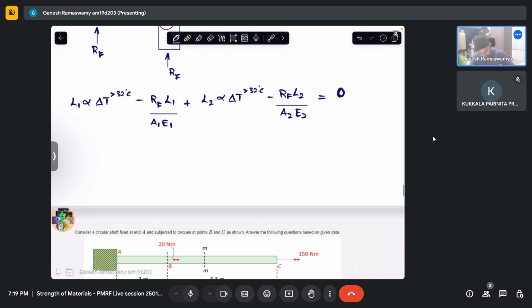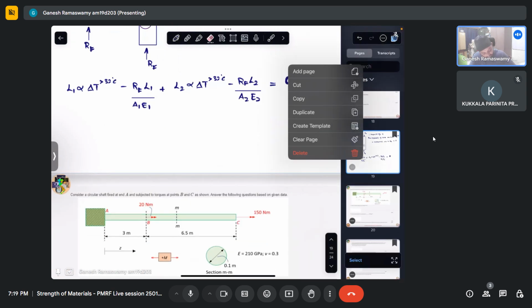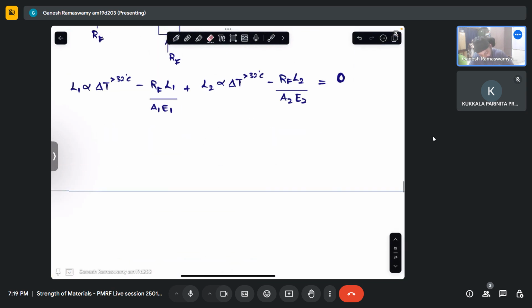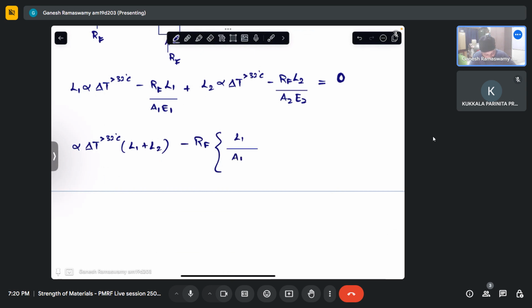So let us see what this value will come out to be. If I were to take this common, alpha delta T into (L1 plus L2) minus RF into (L1 by A1 E1 plus L2 by A2 E2) equal to 0.